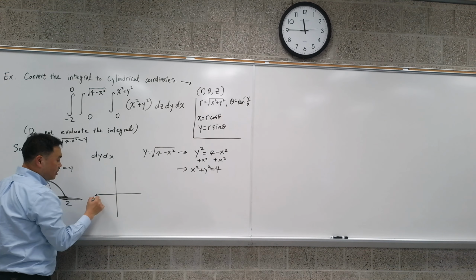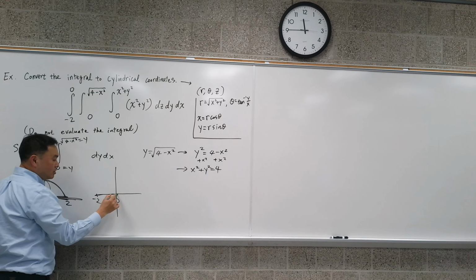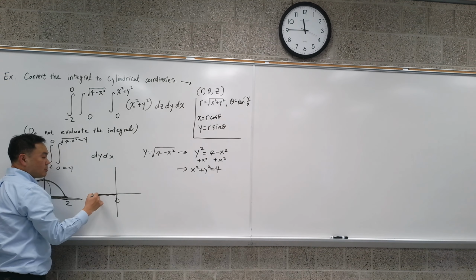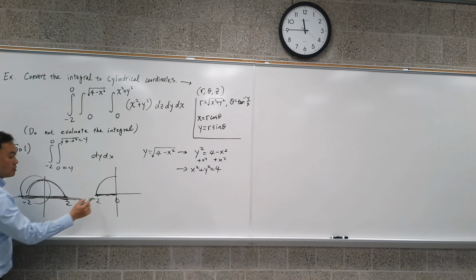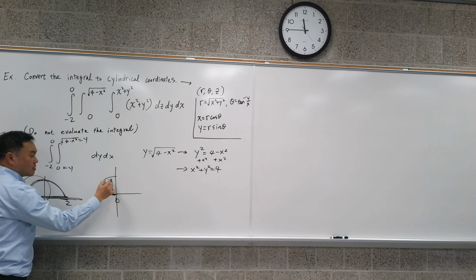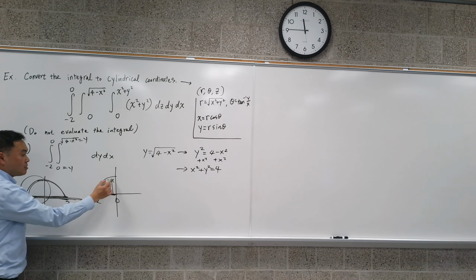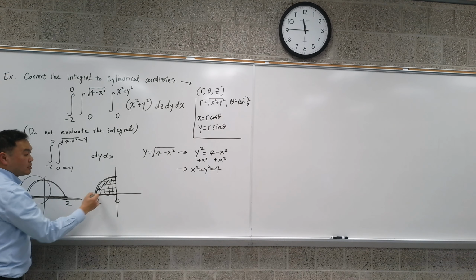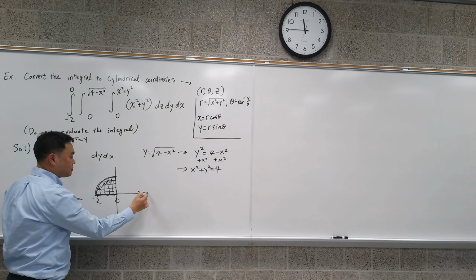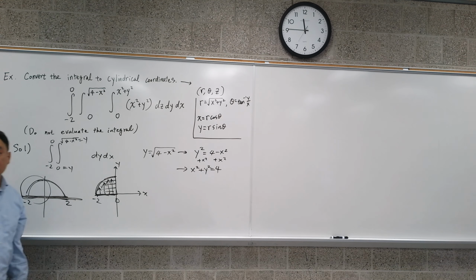We have x from -2 to 0, and on here, we go from 0 until the top half of the circle. We're painting it like this. So this is the domain on the xy plane. Do you agree? Would you be able to figure this out? That's the hard part, okay?